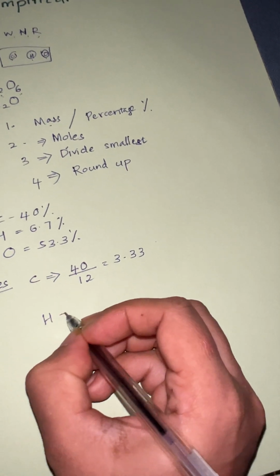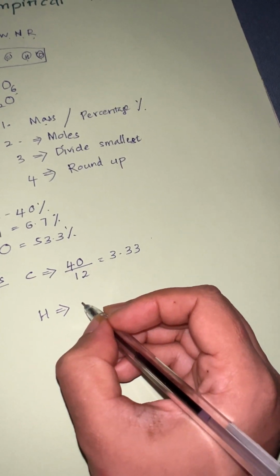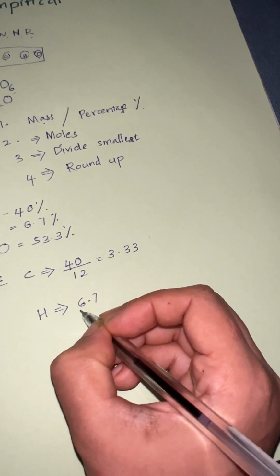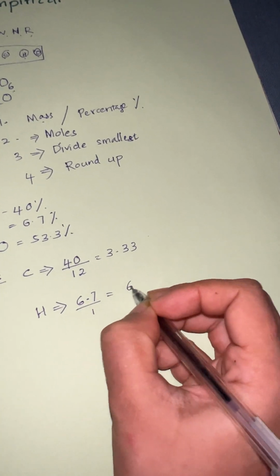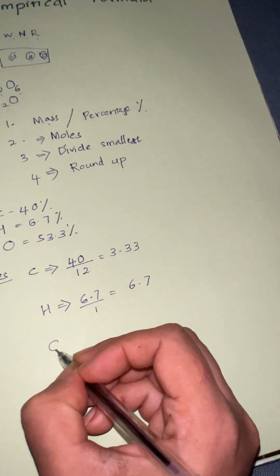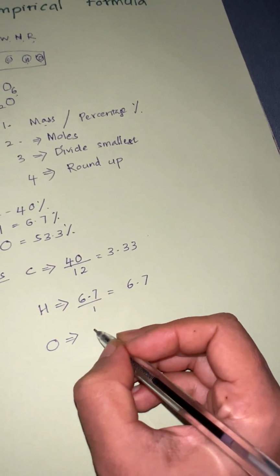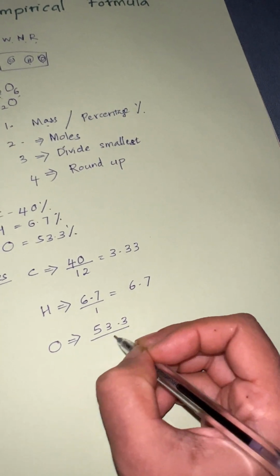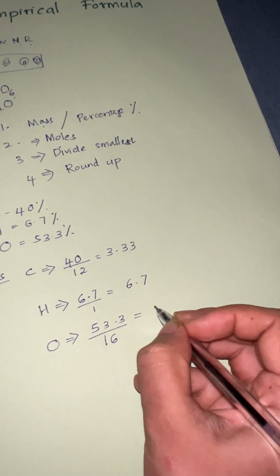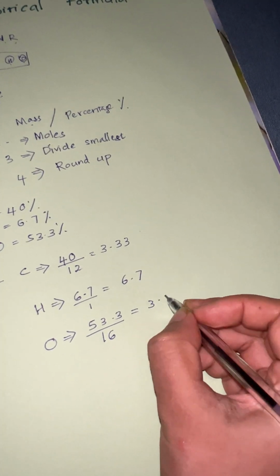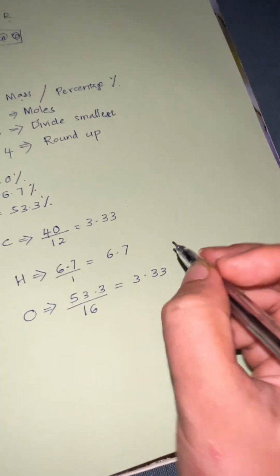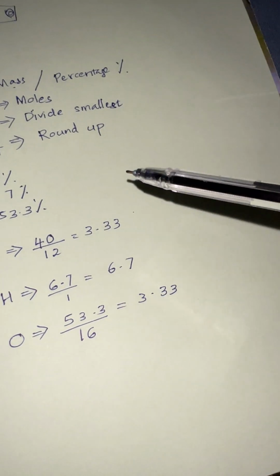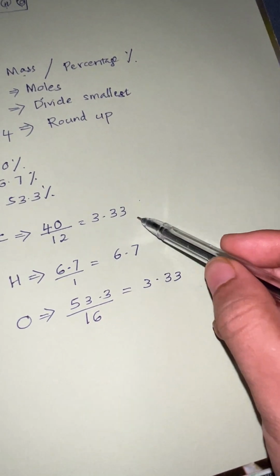Hydrogen: the molar mass of hydrogen is 1. So 6.7 divided by 1, that is 6.7. And then oxygen, the molar mass of oxygen is 16. Usually they give these values. So that is again 3.33. Now the next step that we need to do is divide by the smallest.